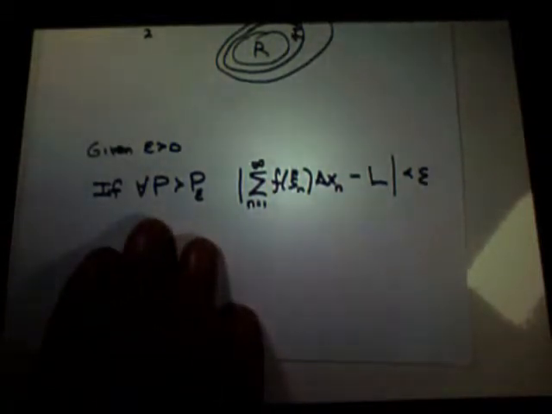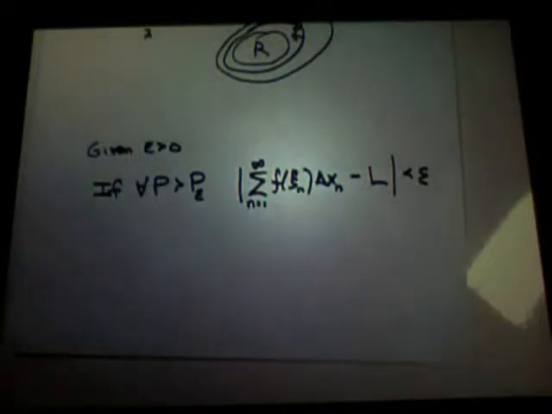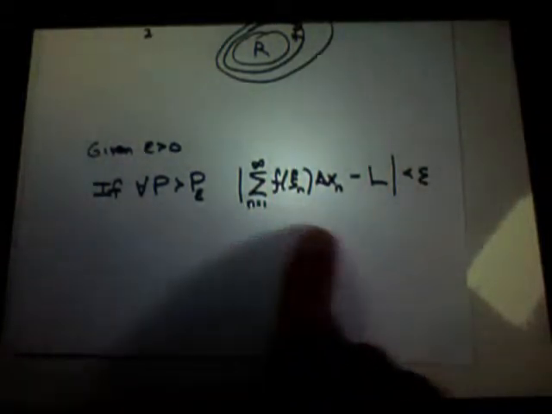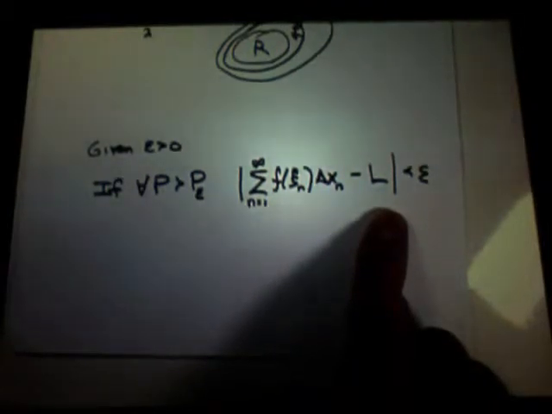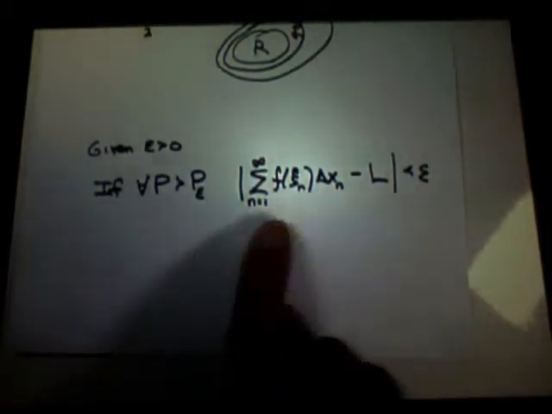This one says you go find a partition, and then for every one finer, having more points, at least all of its points plus more, if it is true that this absolute value inequality remains valid, then the Riemann integral is L. And then you would write the integral of f of x dx equals L. So that's the Oslo definition of the Riemann integral, and it is technically stronger than the norm-based one. And let's talk about that next week.